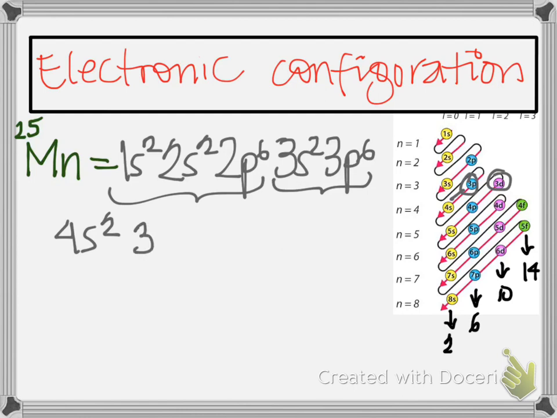So after 3p6, the next one is 4s2, and then I will go back to the third level. So that will be 3d, and then I have to count. So I have 18, 20, and I'm missing 5. So D can have 10, but I just need 5. So that will be the electronic configuration for manganese.